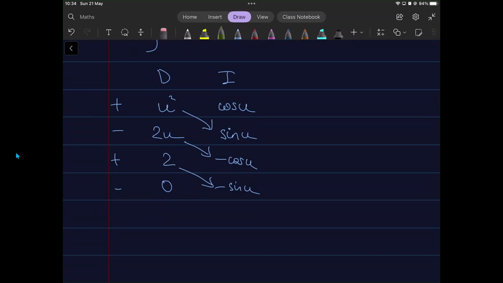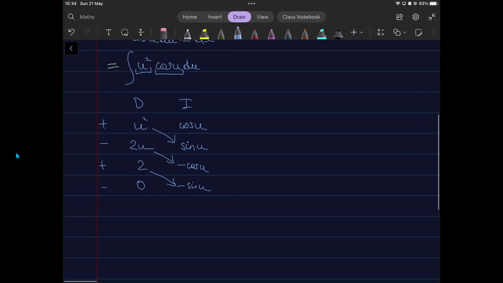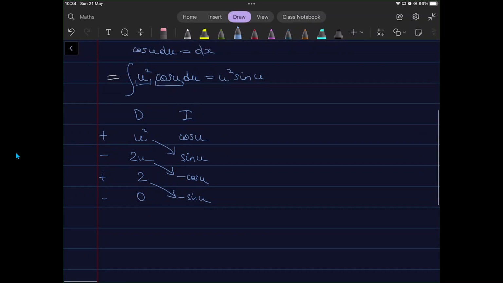So therefore the answer to this integral in terms of u is equal to u squared sine of u. Make sure to not forget the pluses and the minuses in front of the table. So u squared sine of u plus 2u cosine of u. The reason why there's a plus is because the minuses cancel out, and then minus 2 sine of u.